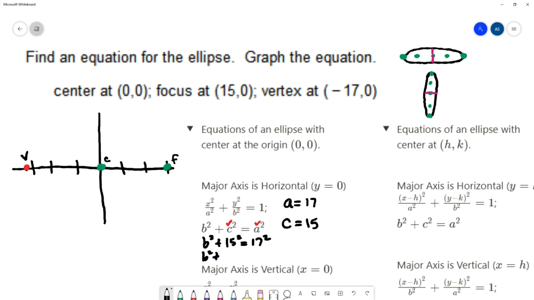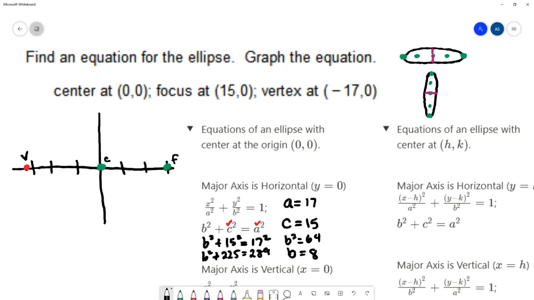B squared plus 15 squared, that's 225, equals 17 squared. 17 squared is 289. I'll subtract 225 on both sides, and we get B squared equals 64, and I can square root both sides to get B is equal to 8. And now that I know the values of A and B, I can write the equation.